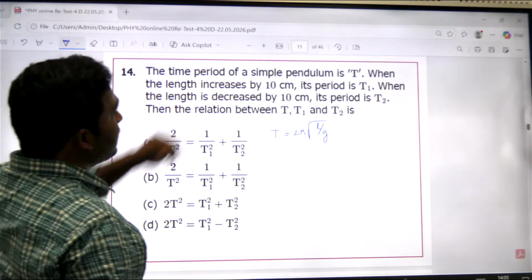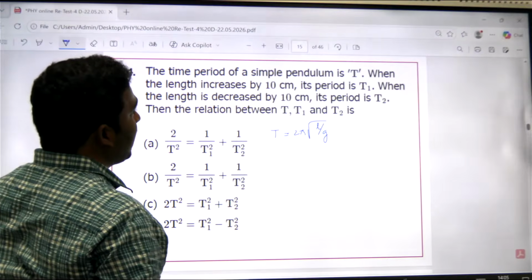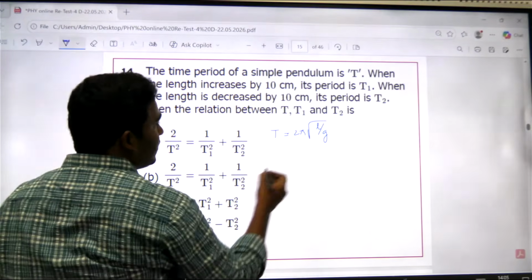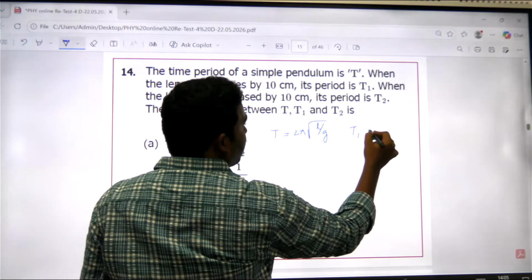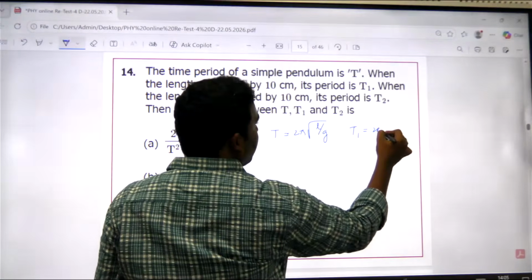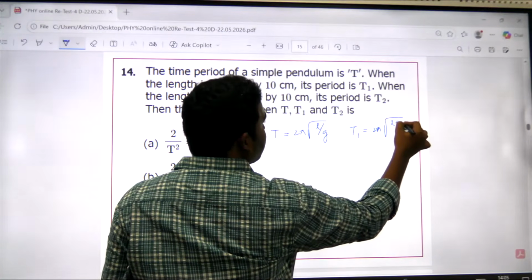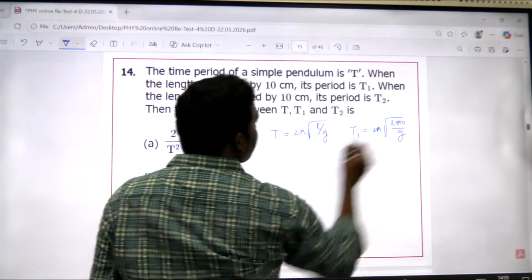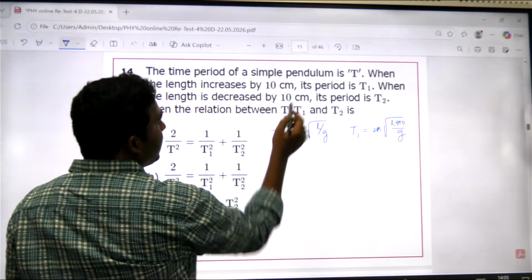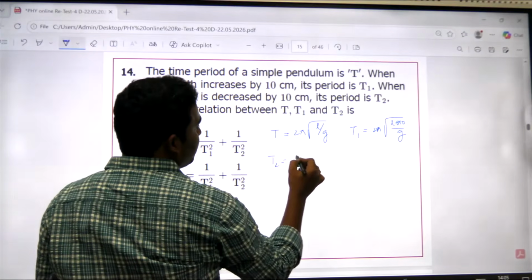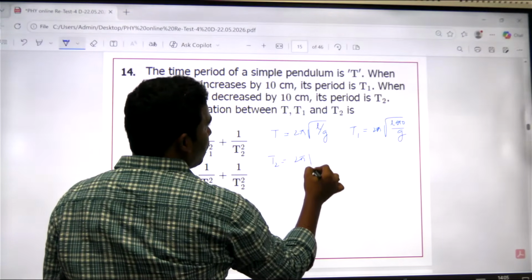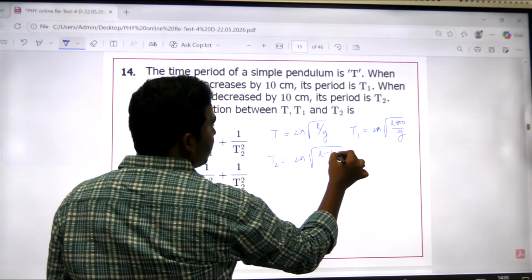When the length increases by 10 centimeters, its time period is T1, so T1 equals 2 pi into the square root of (L plus 10) divided by g. When the length is decreased by 10 centimeters, it is T2, which is 2 pi into the square root of (L minus 10) divided by g.